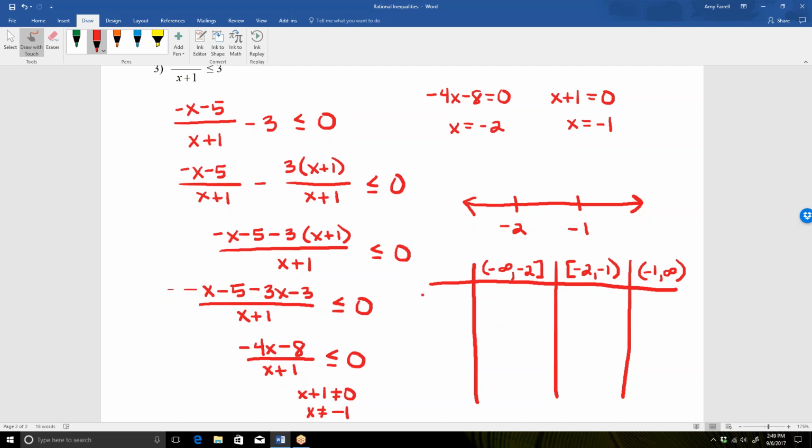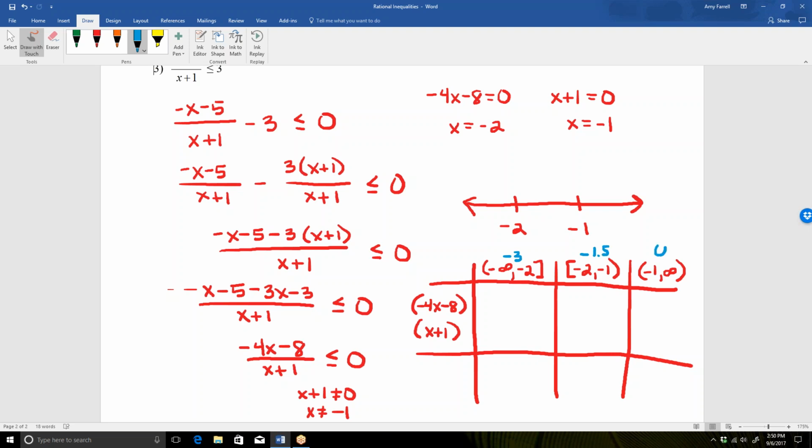Okay, so I'm going to write my factors now. And just as I've been doing before, I'm going to choose a number in each interval to test or to plug in. I need a number less than negative 2. How about negative 3? I need a number in between here. Ooh, this one's a little tough. How about negative 1.5?